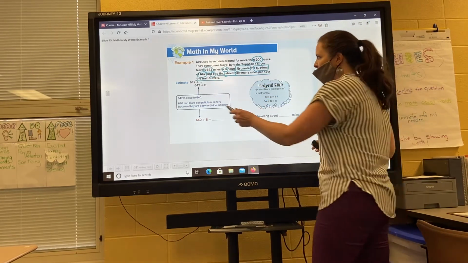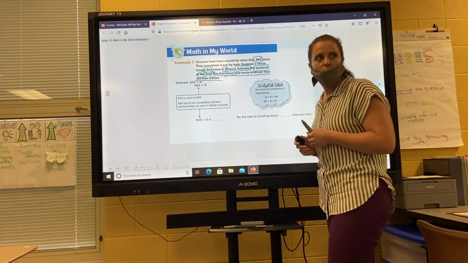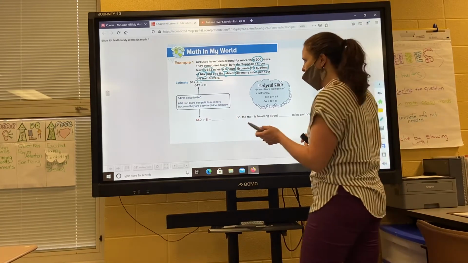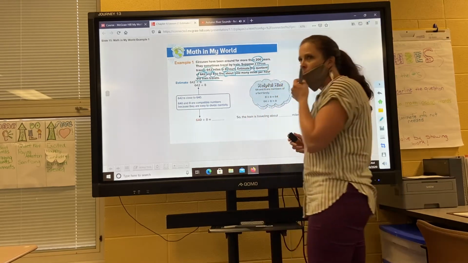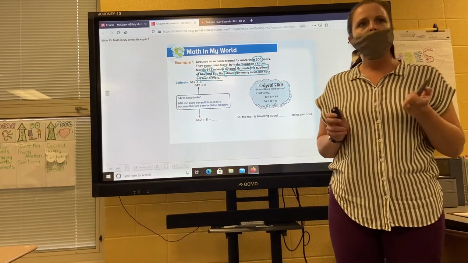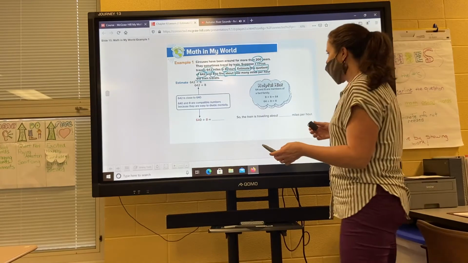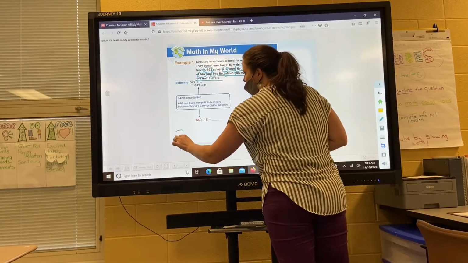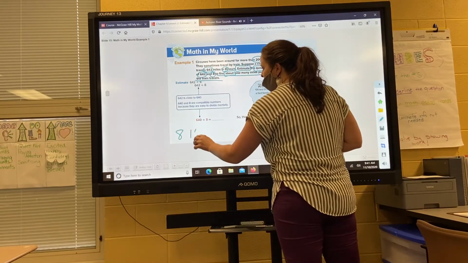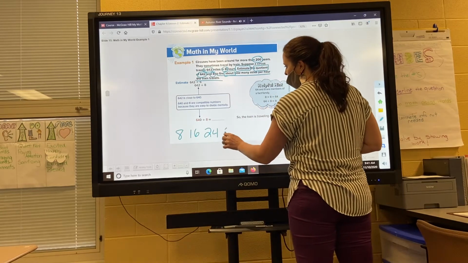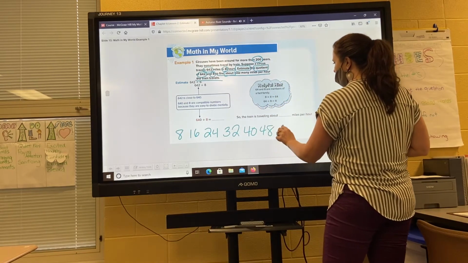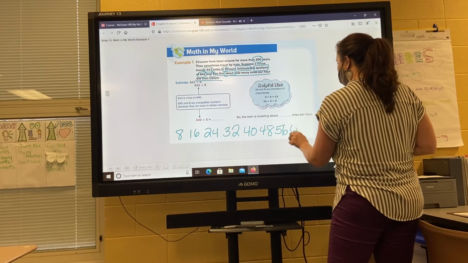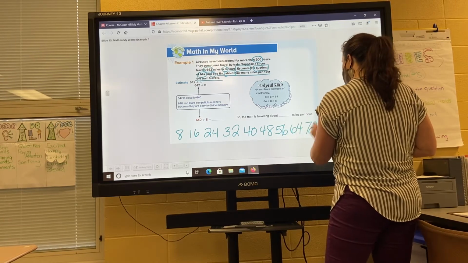And 642 is close to 640, isn't it? Very close. And 640 and 8 are compatible. If you're not sure what compatible means, I'm going to show you. I could write down my multiples of 8: 8, 16, 24, 32, 40, 48, 56, 64, 72.